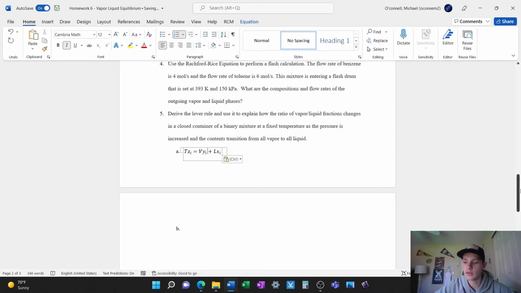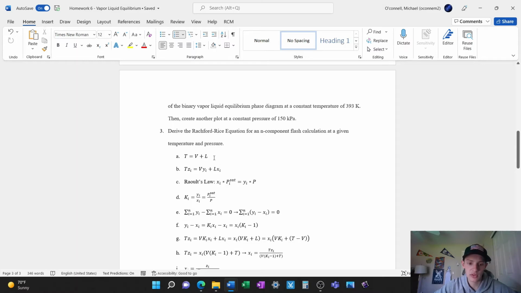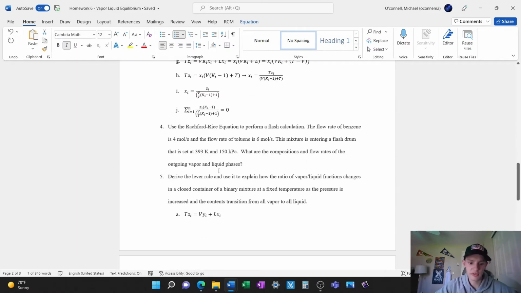What we can do now, because we're trying to get this vapor/liquid ratio, is want something with V over L, because that would be unitless, which is a true ratio. And because we want V over L, we can perform this substitution, where we know that the feed rate in moles per second is equal to the flow rate in moles per second of vapor exiting from the top, plus the flow rate in moles per second of the liquid phase material exiting from the bottom.